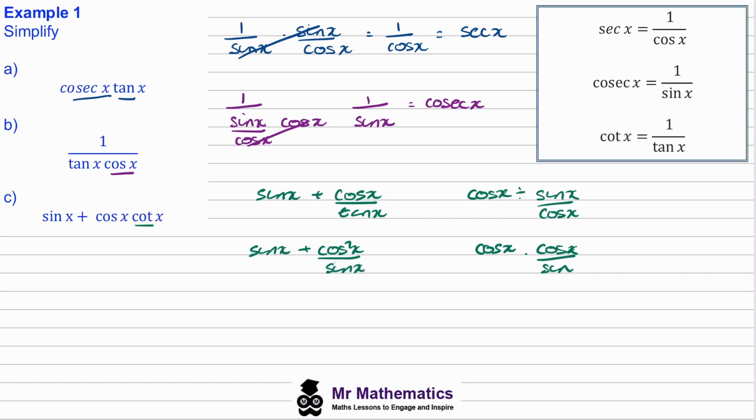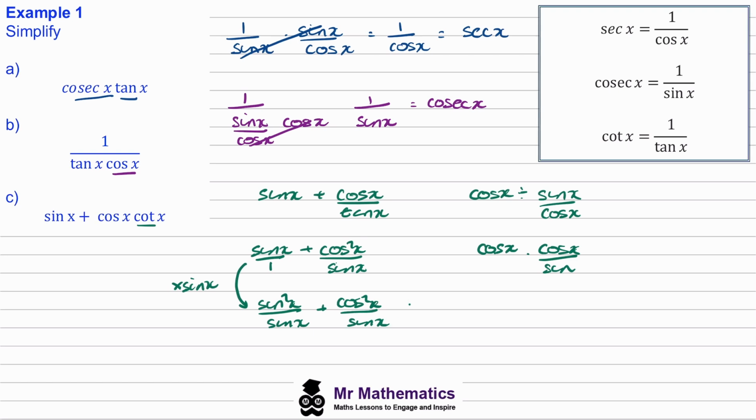So what do you think we need to do now? So now we've got two fractions with different denominators. We've got a 1 and a sin x, so we need a common denominator. We'll multiply this by sin x. So we'll have sin squared x over sin x plus cos squared x over that same denominator.